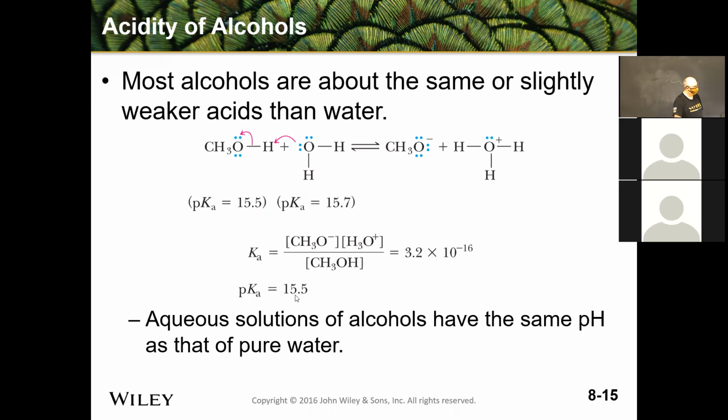For methanol, 15.5, so pretty close. We get this number, of course, by taking minus the log of the Ka. Ka is the conjugate base times hydronium over the undissociated acid. So methanol is about the same. Most alcohols are going to be a little bit less acidic.